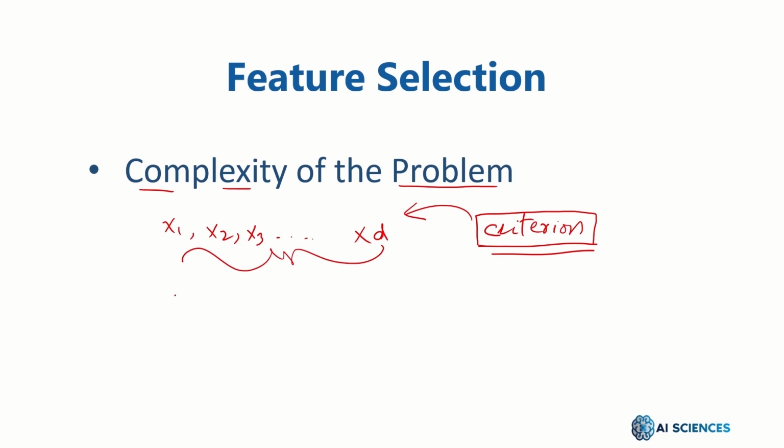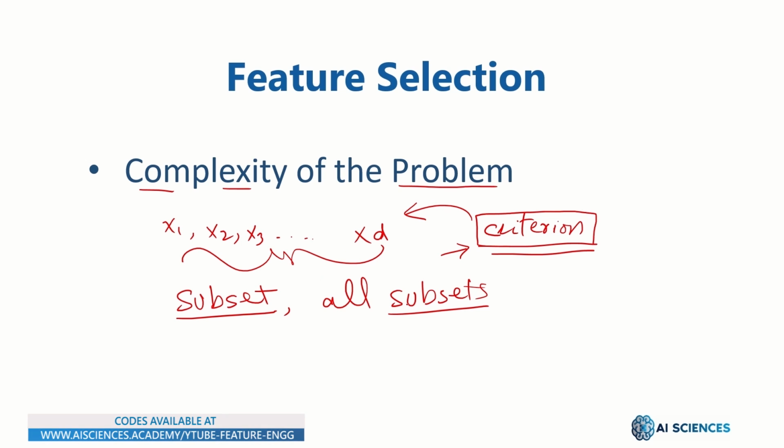The problem is that to meet a particular criterion, there is no way to come up with a subset efficiently in general without exploring all the subsets. So in general, the only way to get the best subset is to go through all the subsets. And going through all the subsets is really a 2 raised to the power d problem. I mean, we have an exponential number of subsets.